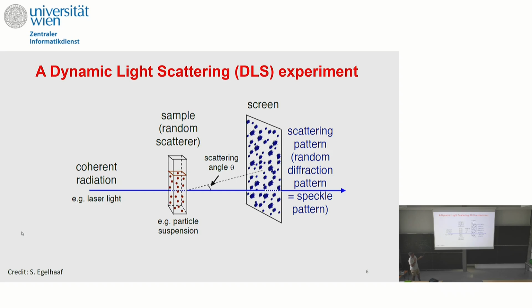If you put a screen and look at what's going on, you will see that the intensity distribution is not smooth, but has a speckled appearance. This is basically an interference phenomenon, the result of the interference between all scattered waves originating from each particle.